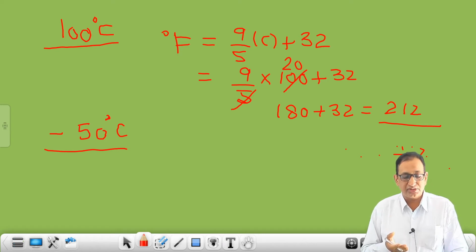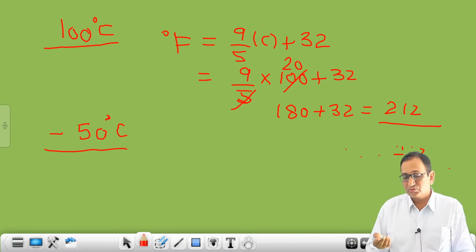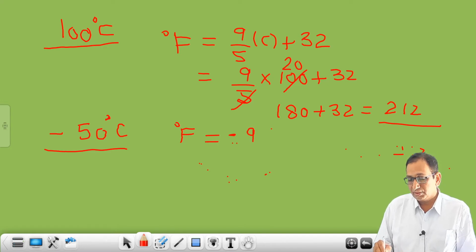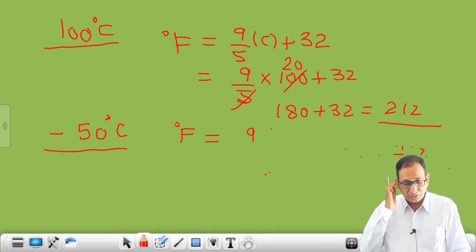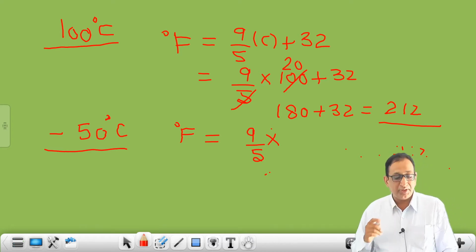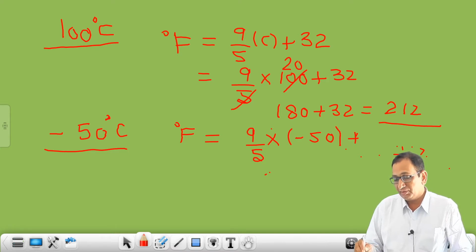Now how can we change this minus 50 degrees Celsius into the Fahrenheit scale? By using this formula, students, we can calculate easily. Degree Fahrenheit is equal to 9 by 5 into minus 50, with the minus sign, and here plus 32.